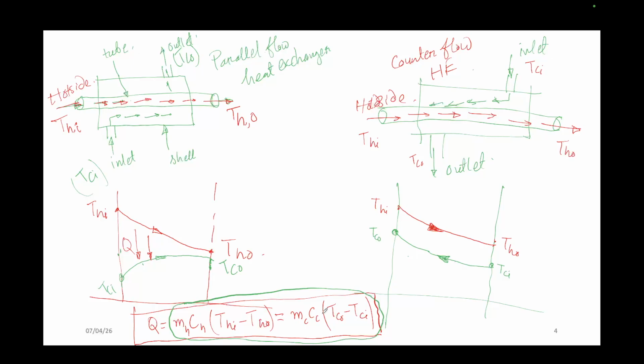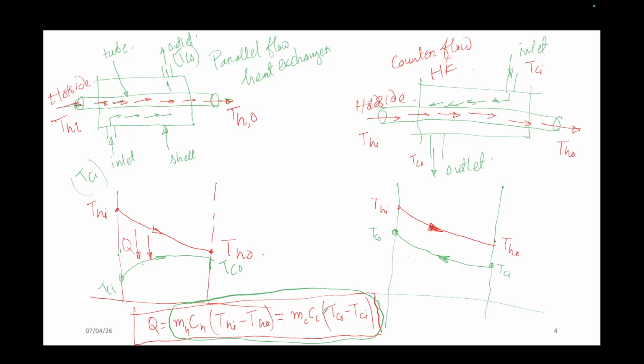So in general cases, if you think of a heat exchanger, what parameters should you know? Initially I am just giving the mass flow rate. mH will be known because on the tube side I can operate it manually. In a device, by opening this valve I can set the mass flow rate.